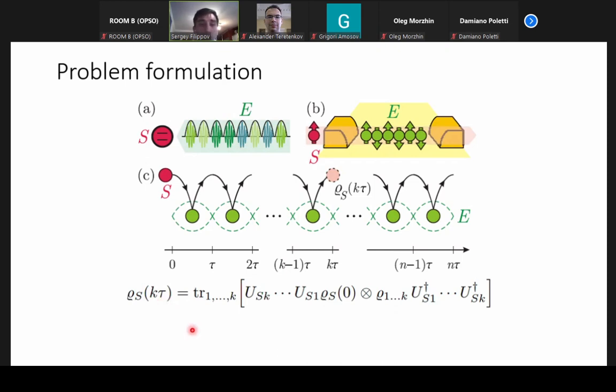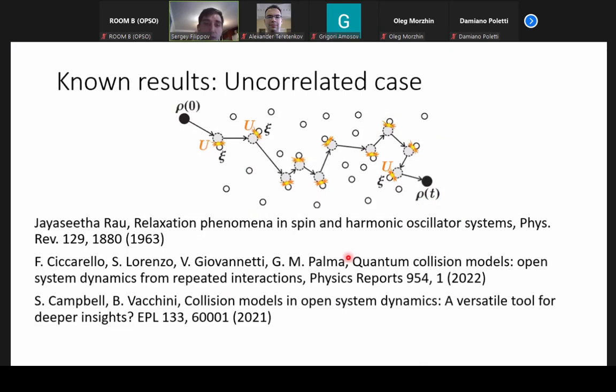So this problem is, of course, not the first one that was considered by physicists. So much simpler models were considered before.